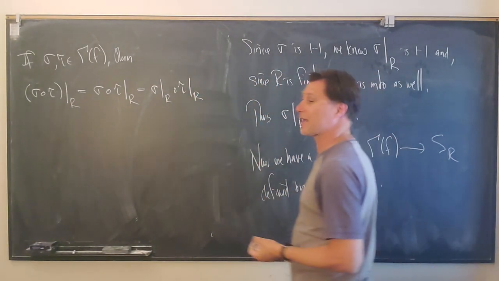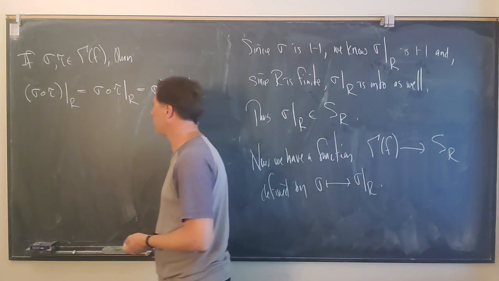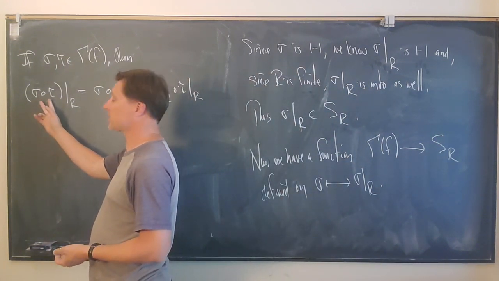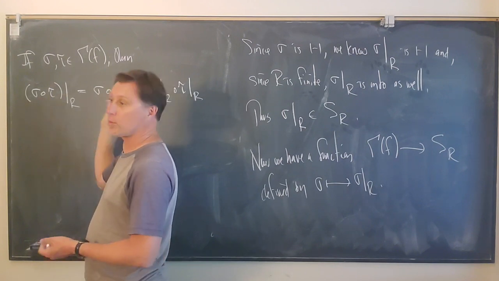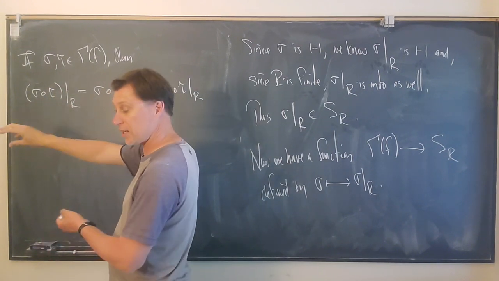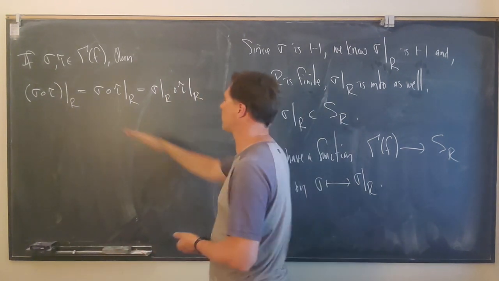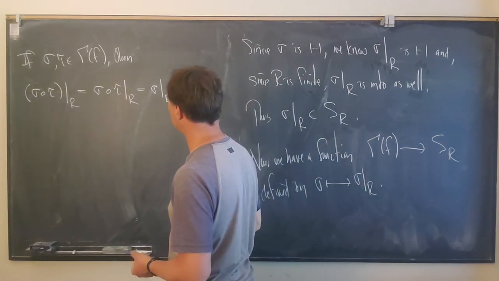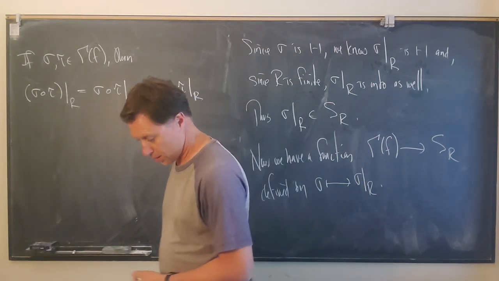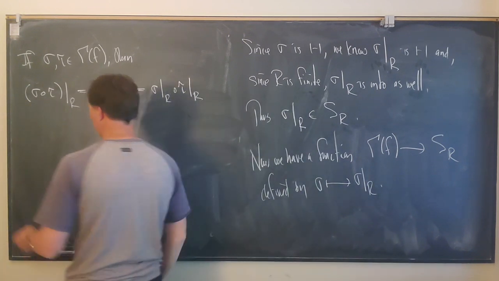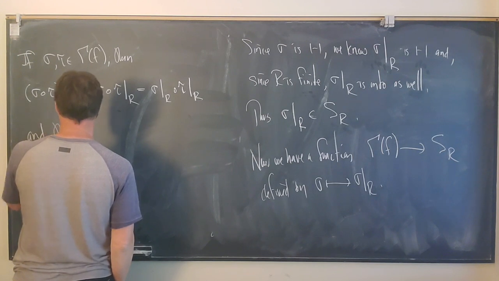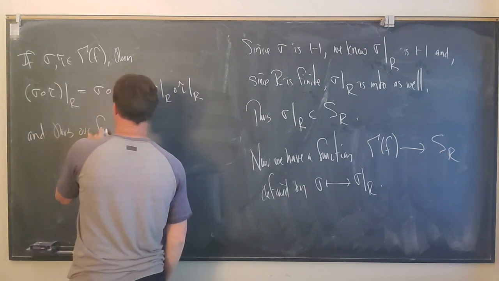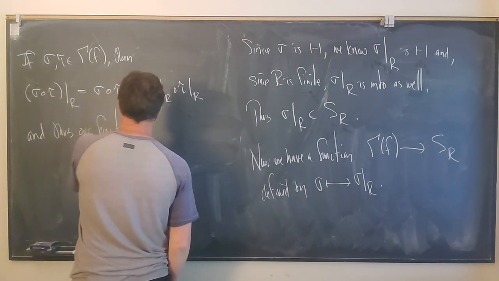This is just recognizing how restriction behaves. If you restrict to R, it's going to take whatever element you plug in into R, and so then you can just apply the restriction individually. And thus, our function is a homomorphism.